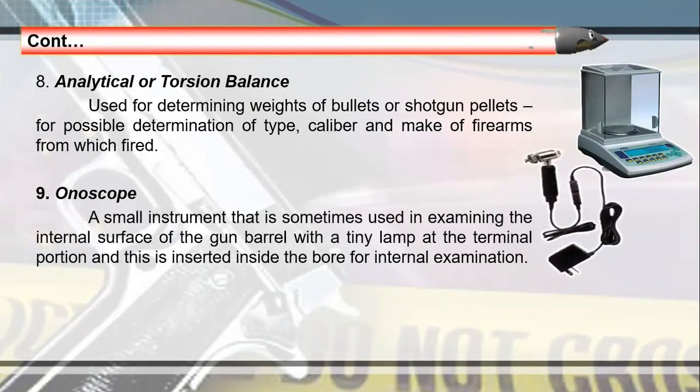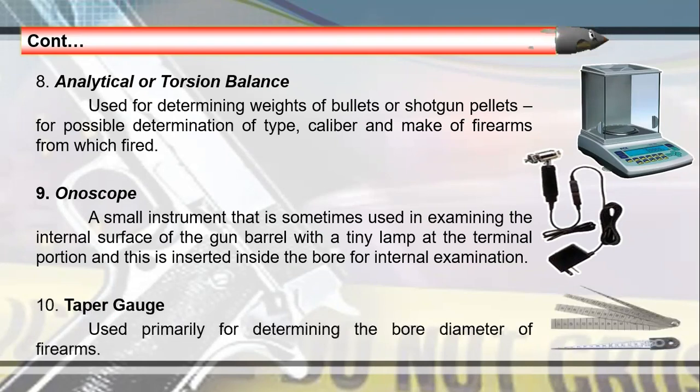Onoscope. Ito ay ginagamit to examine the internal surface of the gun barrel. Makikita dyan yung tinatawag natin na presence of gun residues, katulad ng mga nitrates and nitrites. Taper gauge, same lang din ito to measure ang inside diameter. Kanina, yung isa na binanggit sa inyo, caliper, inside and outside, pwede niyang sukatin. Ito naman taper gauge, ang limitation niya, pwede niya lang sukatin ang inside diameter.